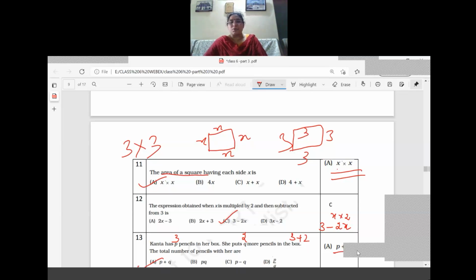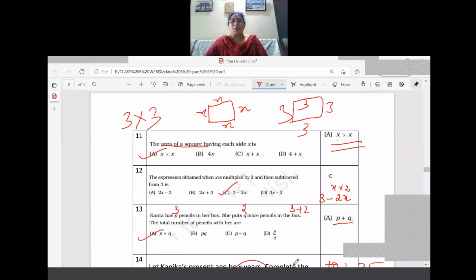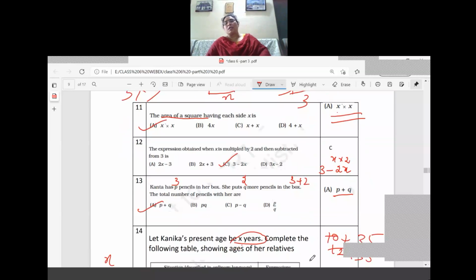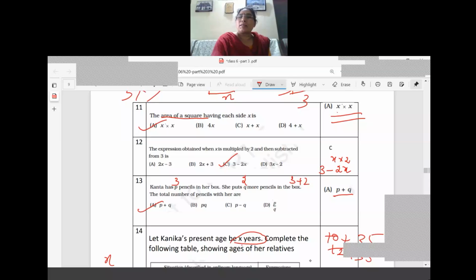Understood? Now next question. Kanda has P pencils in her box. She puts Q more pencils in her box. You know that if you are having three and you are putting an additional 2, you will add 3 plus 2. Another example, I'll change the number.